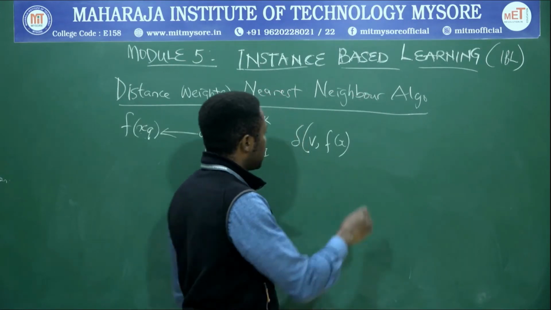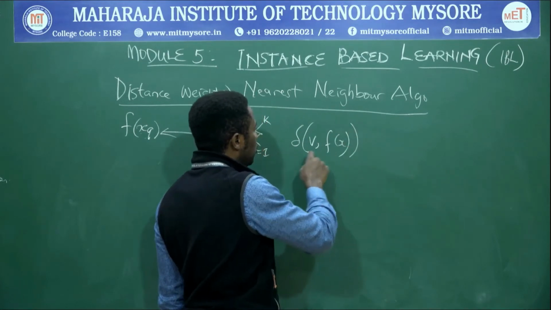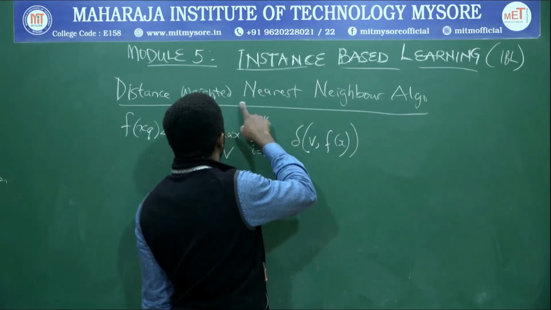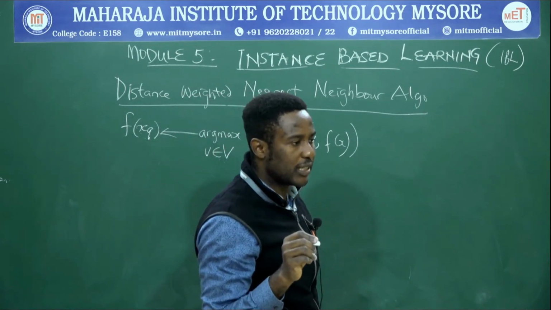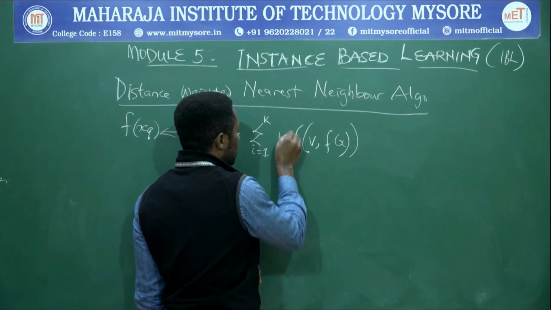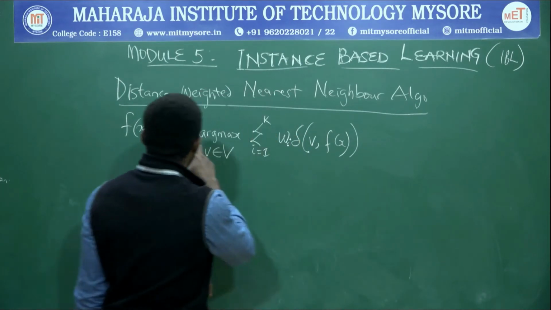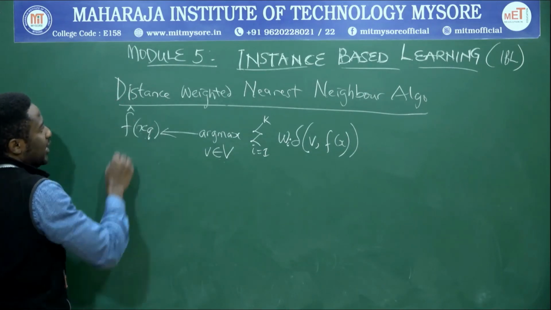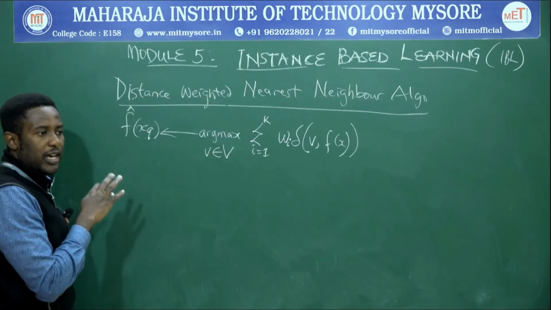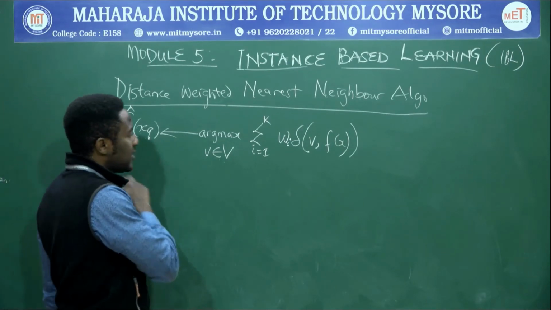But in this case now, we are going to include the weighted value. So that weighted value will look like wi. And with this wi, this becomes updated, and we have the weighted distance, which we call f hat. Yes? Fine.